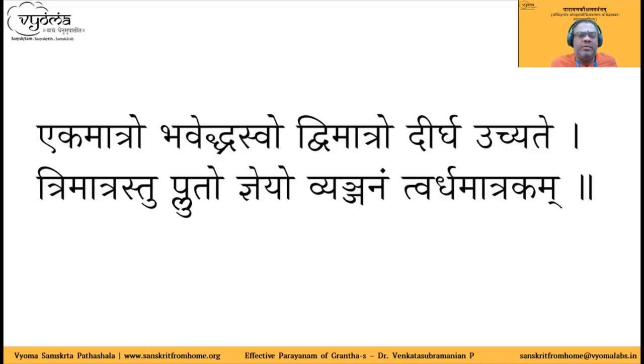Hrasvaswara takes one matra for pronunciation. Dirghaswara takes two matras. Pluta can be three and more. The k, g and all that we saw are Vyanjana Varnas, the dependent sounds. The pure Vyanjana Varna will only have ardhamatra. It takes only half a matra for pronunciation.